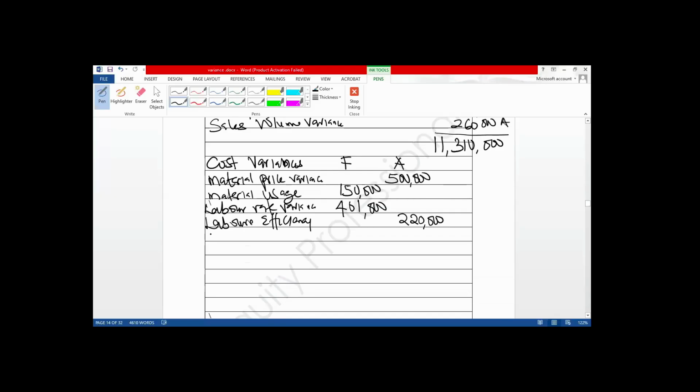Go to variable overhead expenditure. We also have variable overhead efficiency. Let's go and check.